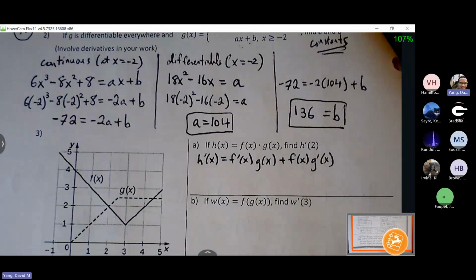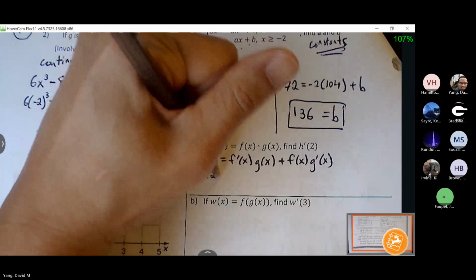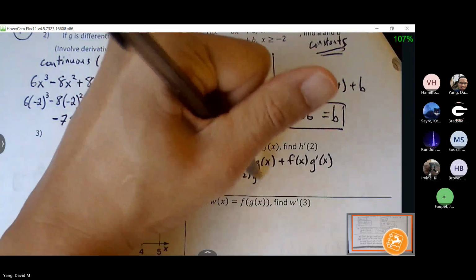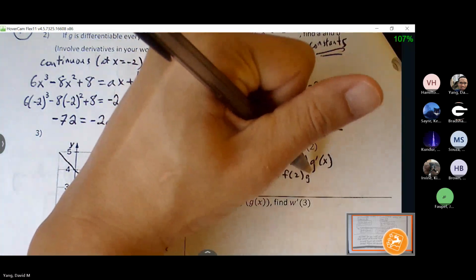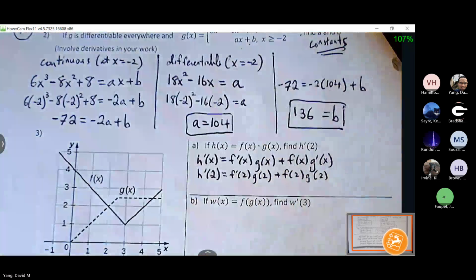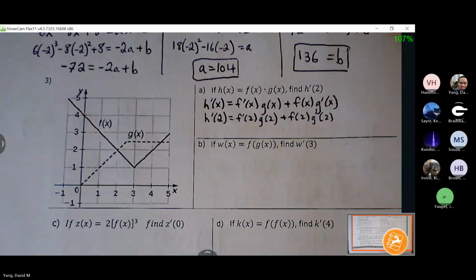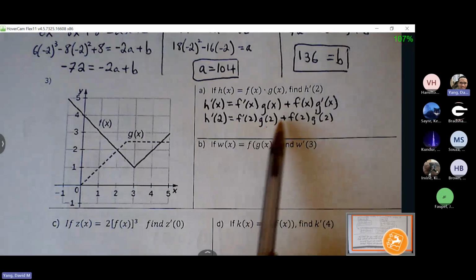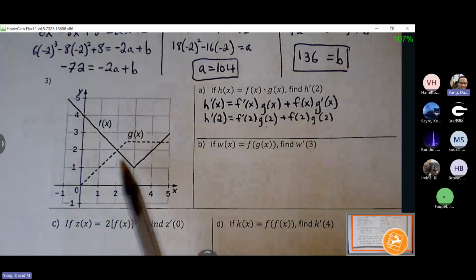Okay, replace every x with 2. Okay, so now we go to our graph. We're either pulling the y value or we're pulling the slope from this graph.